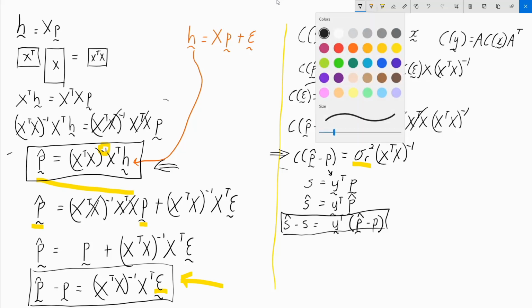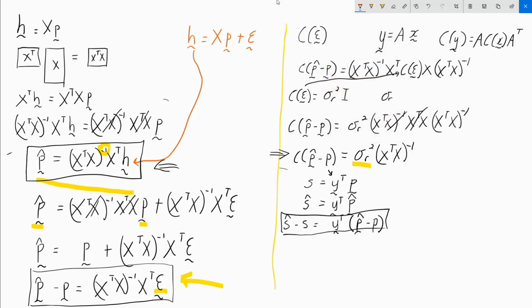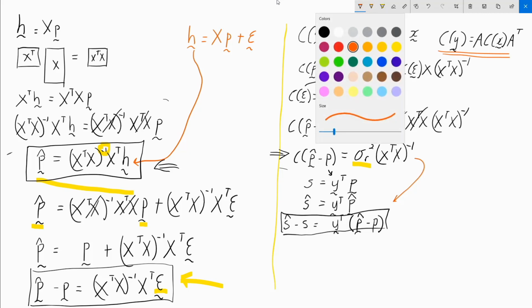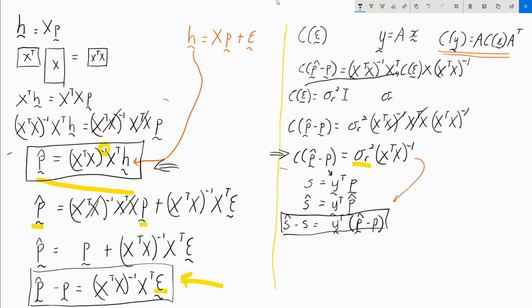So let's now substitute this equation into here. But first, what I have to do is use this equation again to derive the covariance matrix for predictive error. Now, because S is a scalar, this is just the variance of predictive error. I should have said predictive rather than parameter before.